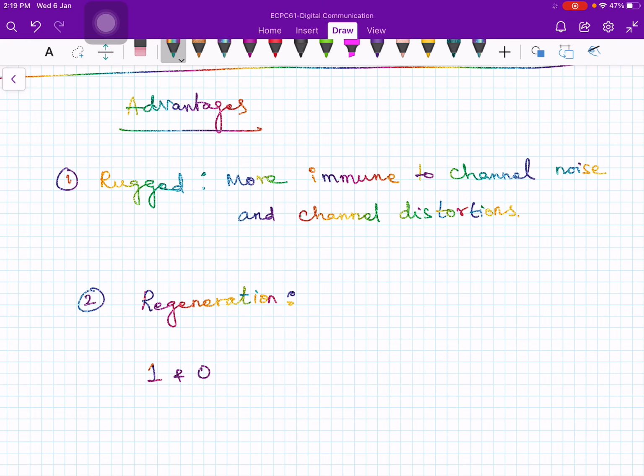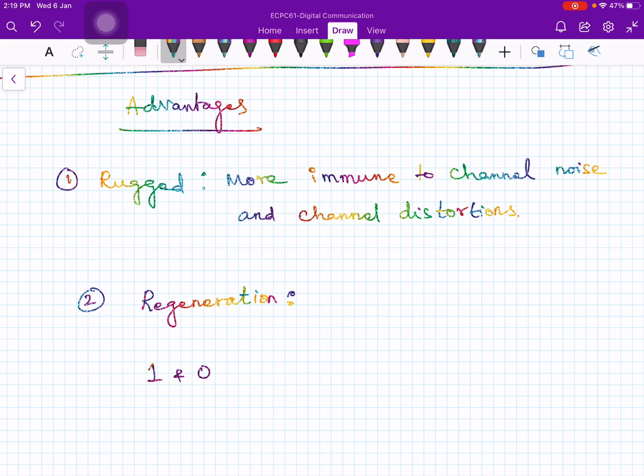So transmission of ones and zeros is transmission of discrete symbols, discrete levels of information. So information is represented somehow in a discrete form, and we will go through how this is represented as we go along.